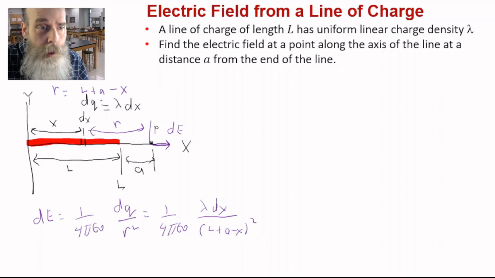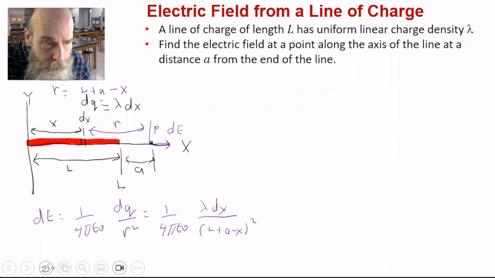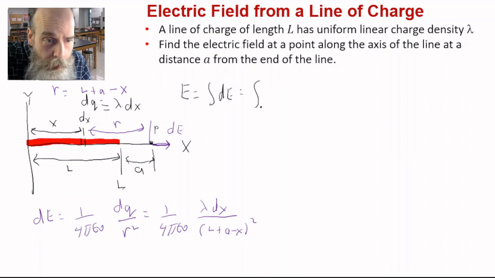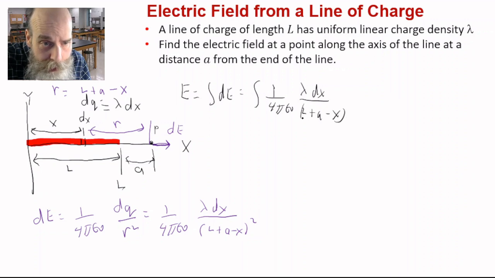So to find the net electric field, we have to sum all of the dE's throughout our line of charge, and we'll get the following expression. E equals the integral of dE, which is the integral of 1 over 4 pi epsilon 0 lambda dx over (L plus a minus x) squared.